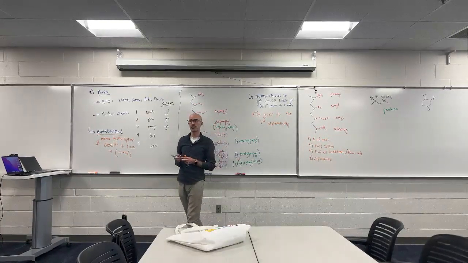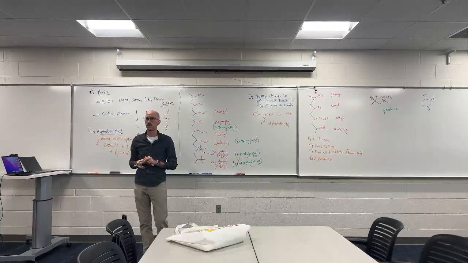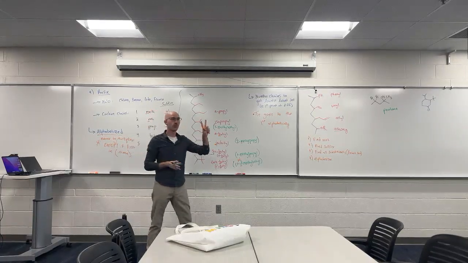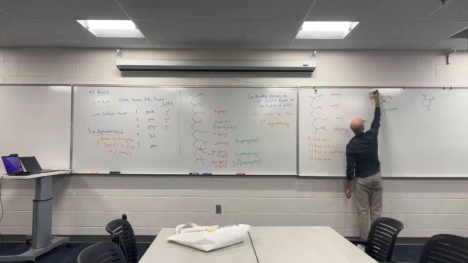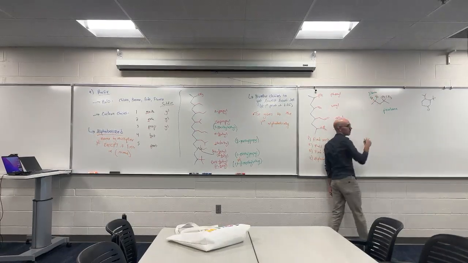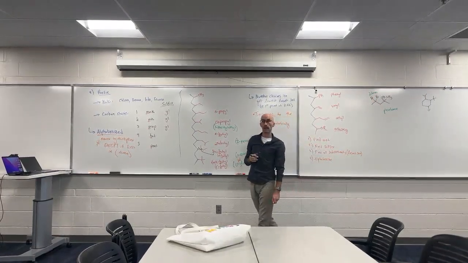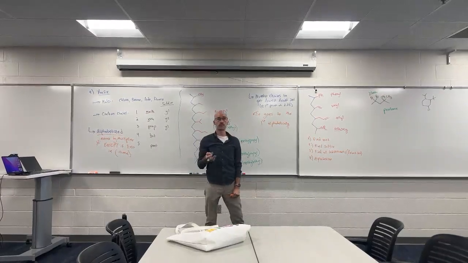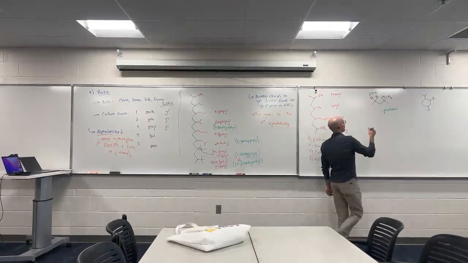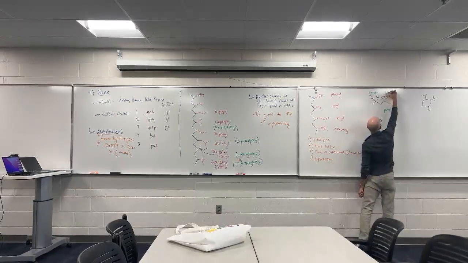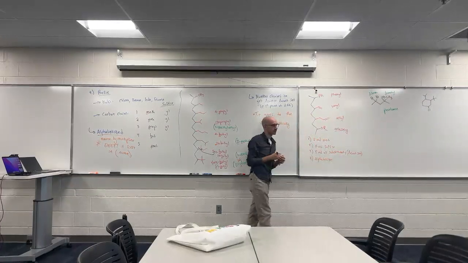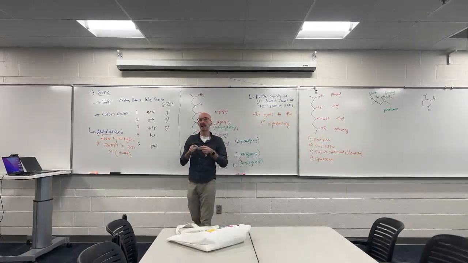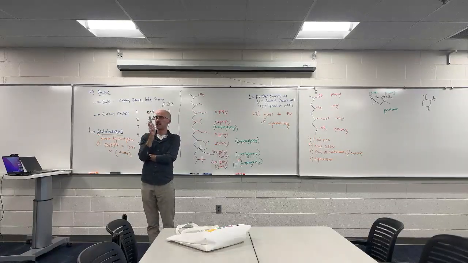Find all the substituents. I've got 2 bromines. That's going to come in to be dibromo. I've got 2 methyl groups. That's going to come in to be dimethyl. How do I alphabetize dibromo?